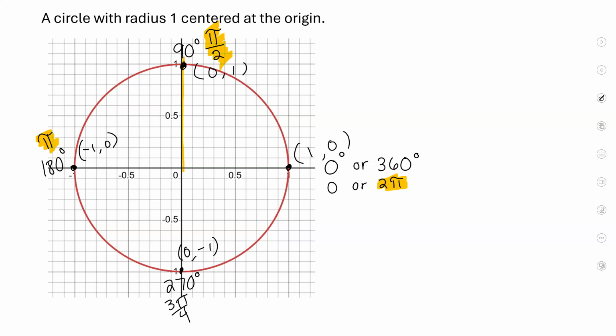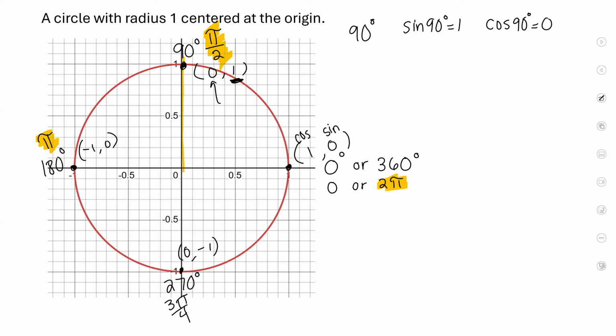Okay, I want you guys to think of the x value as your cosine and the y value as your sine. So what this means, at 90 degrees, sine of 90 degrees is 1. Cosine at 90 degrees is what? 0.